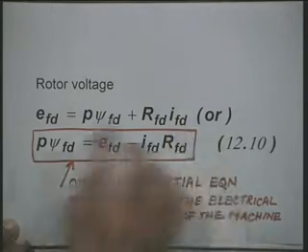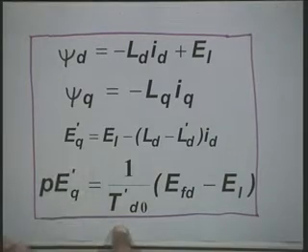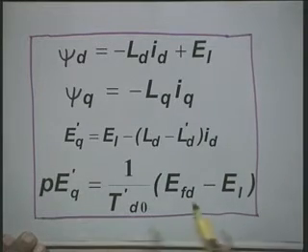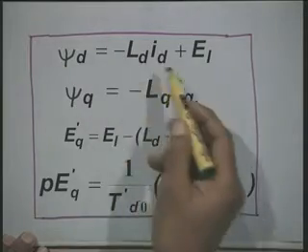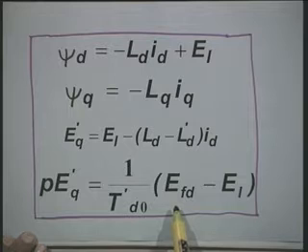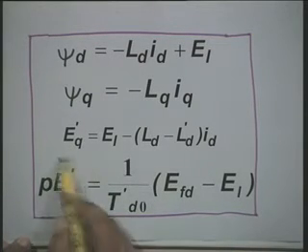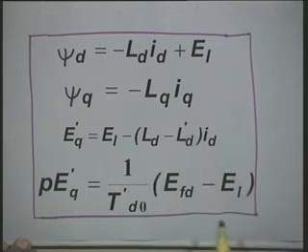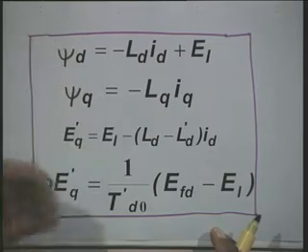This is the equation for the rotor field circuit, and it has been transformed into this particular form, and terms like EI are related to ID, LD and so on. Similarly, EQ prime in this equation is related by other terms. Therefore, these are interrelated terms. This is the differential equation, but these algebraic equations are also required to be solved along with the differential equation.